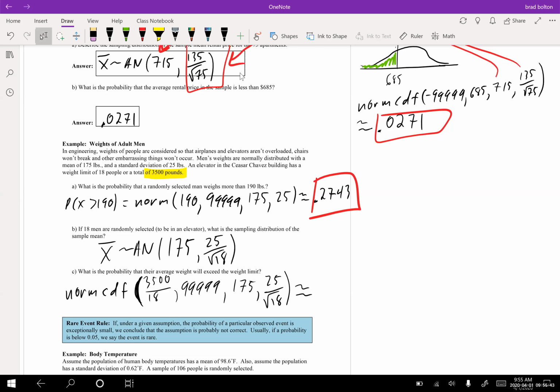And again, this is a little bit harder problem. So let's do second vars, normal CDF. I'm going to leave it as 3,500 divided by 18, just so I get a more accurate number. 175 is still correct, but now I got to do 25 divided by the square root of 18. Okay, and I get, oops, something went wrong there. This is second vars. Sorry about that. Something went wrong on my calculator.